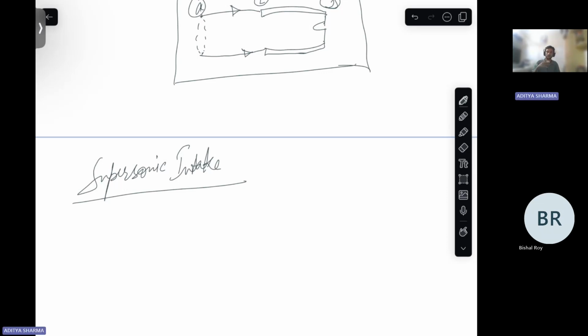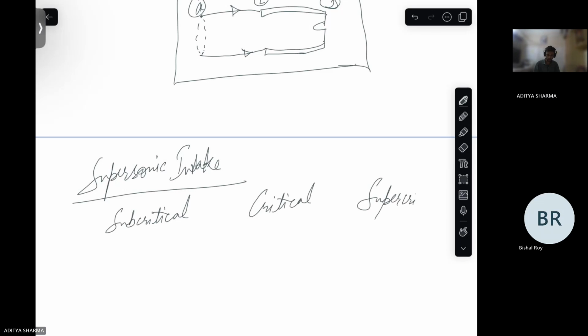At what place you have the normal shock, based on that, this has been defined. So first is your subcritical mode, then your critical mode, then your supercritical mode.